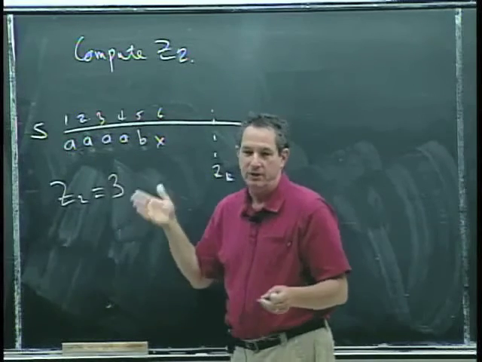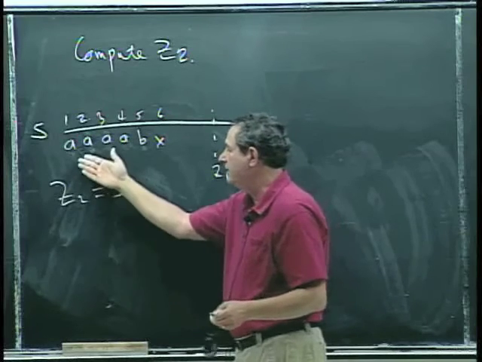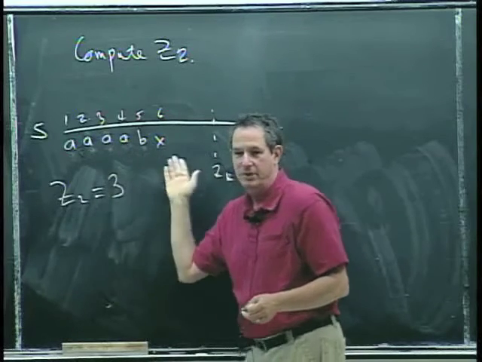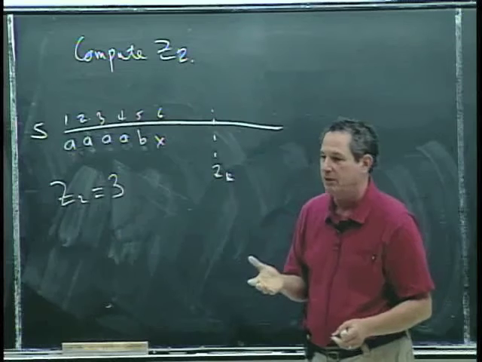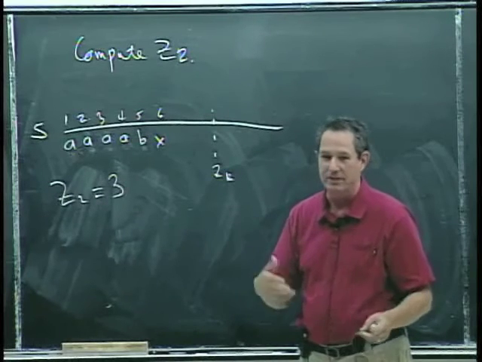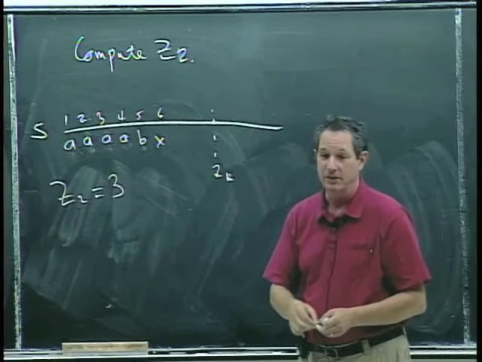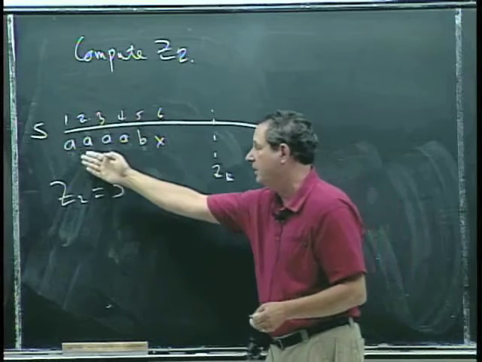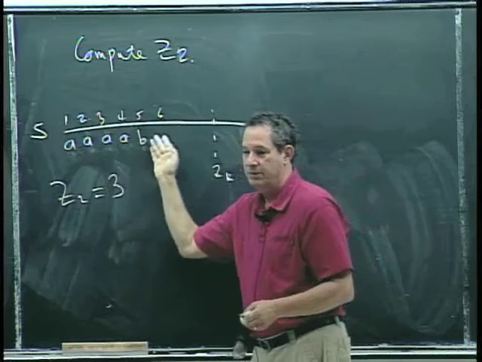The only answer I was looking for is, yes, we spent S to compute Z2, but the advertised time bound for the whole algorithm is proportional to S. So I've got several S's left over to use. But it cannot be that I do this at every position.